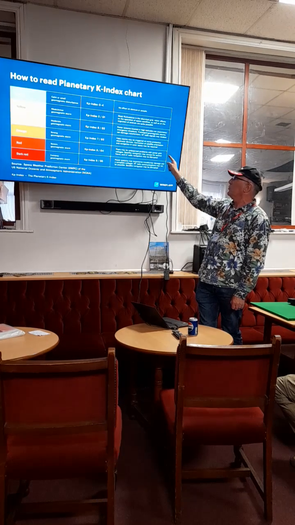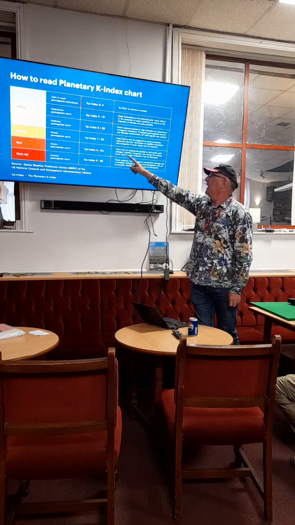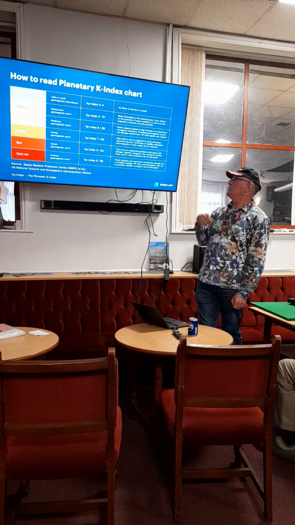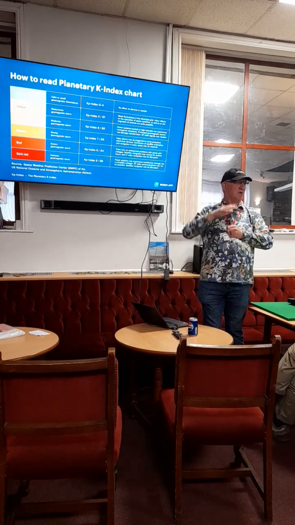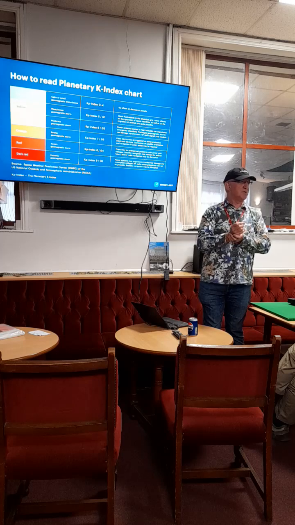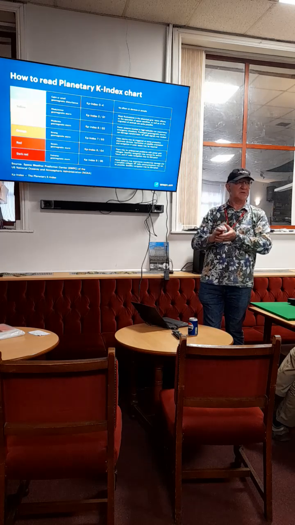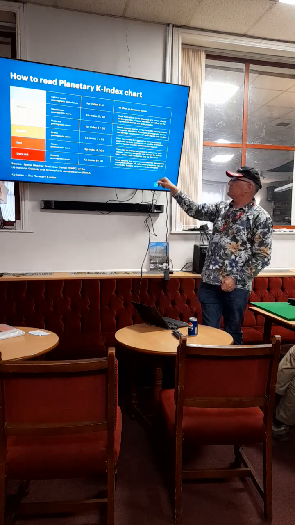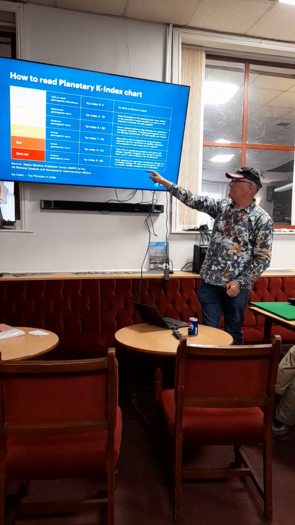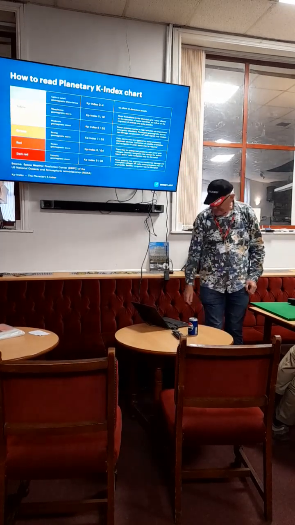Satellite navigation may worsen for several hours. LF radio navigation may be disrupted, so not even are the higher bands going to get knocked out, even the lower bands are going to get knocked out. The stuff that ships use to navigate and things are going to be dead for a while. You can get all kinds of problems, and the higher it goes, the worse the effects basically on our hobby.